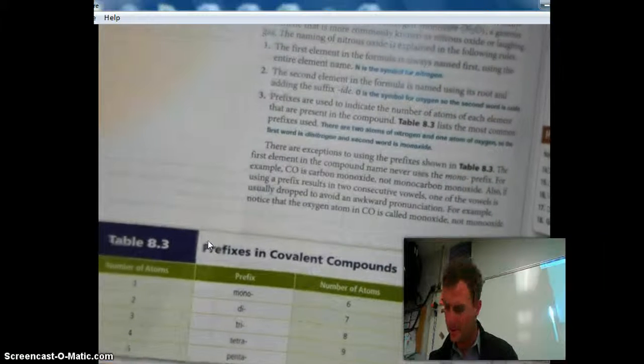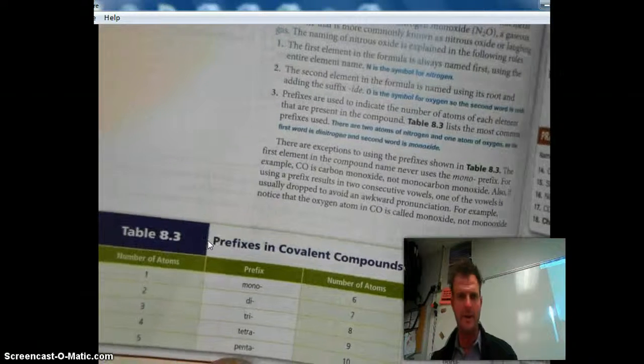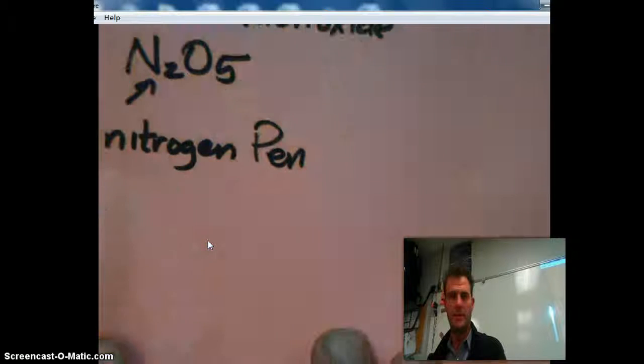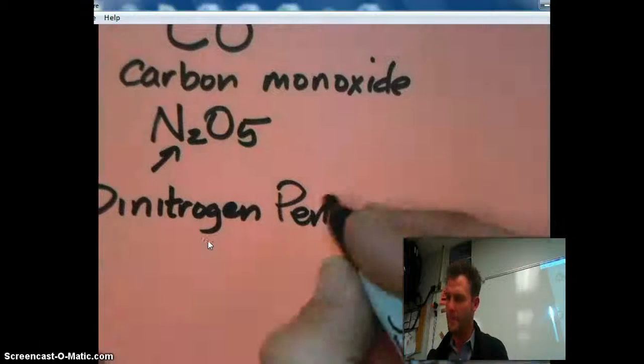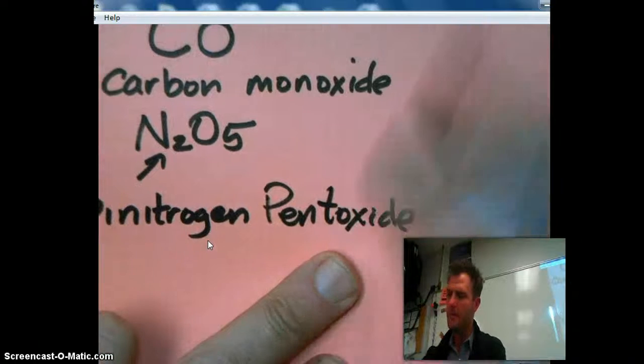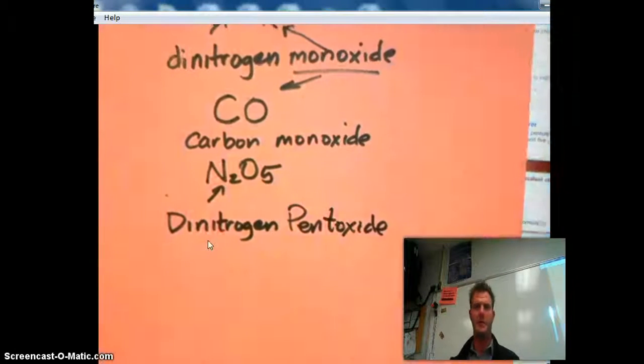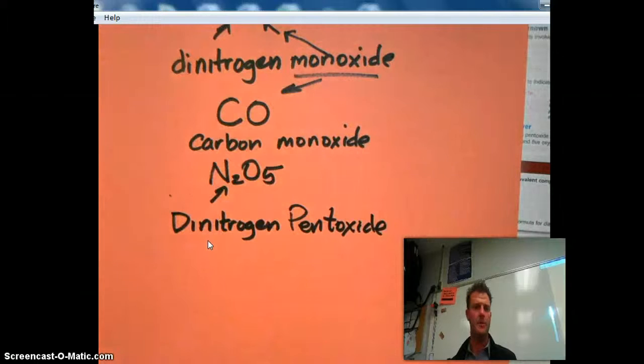Okay. 5 is penta. So we are going to say pentoxide. Okay. Now you notice I cut off the A there. A lot of people will say pentaoxide or pentoxide. So whatever feels comfortable to you, we will name it in that way.